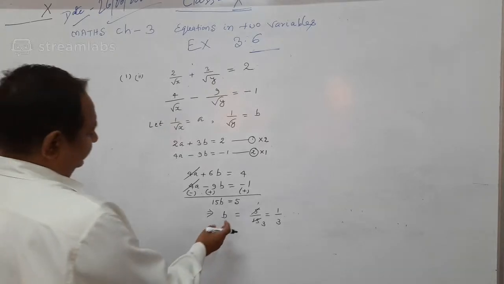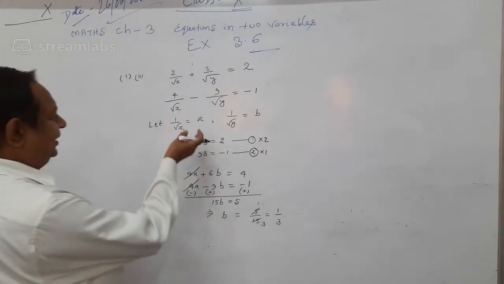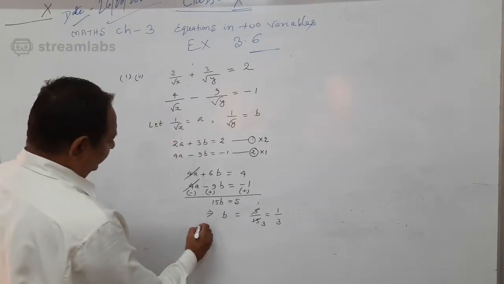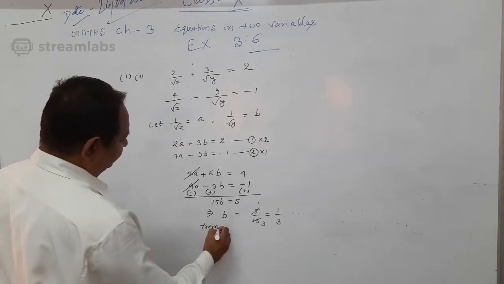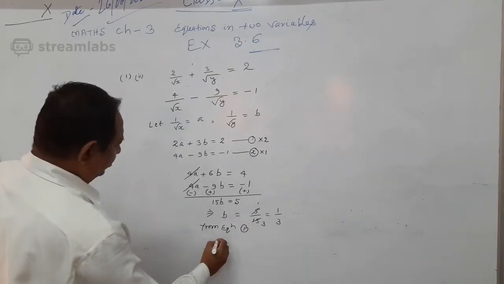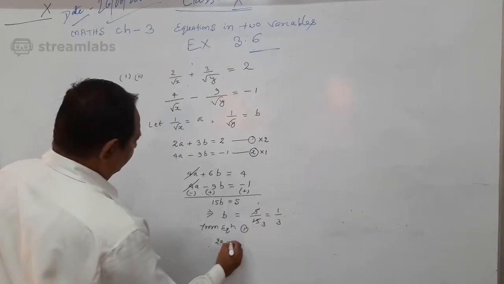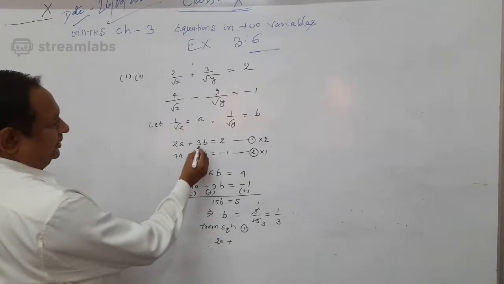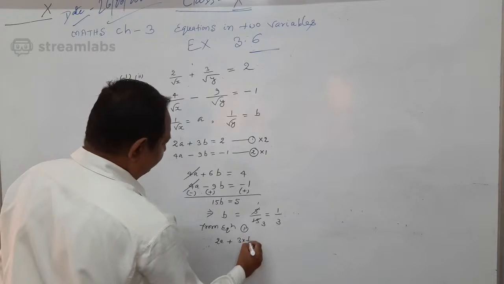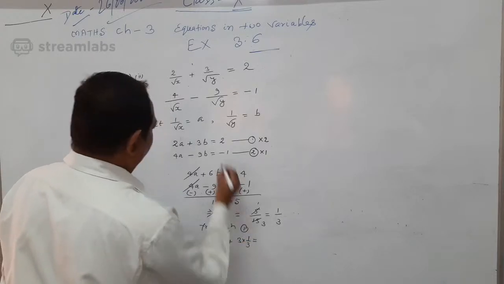Now putting the value of b in either equation 1 or 2. From equation 1, we can write 2a plus, in place of b, that is 1 by 3, is equal to 2.